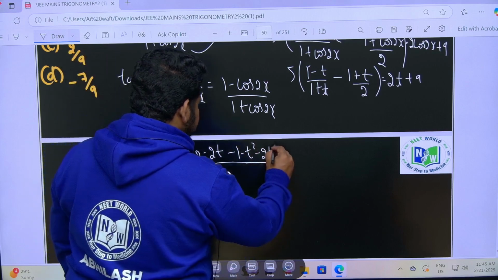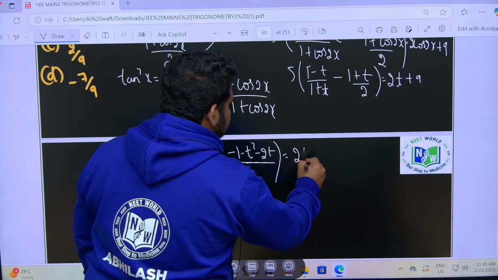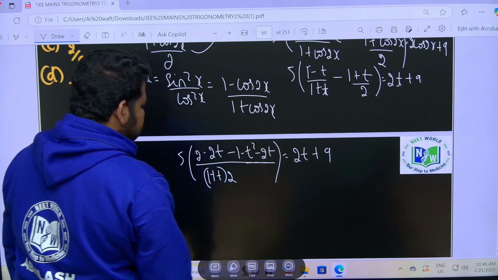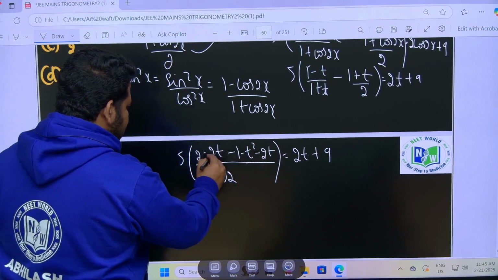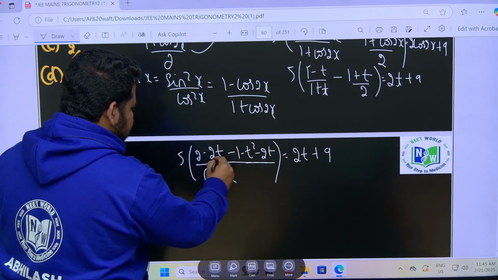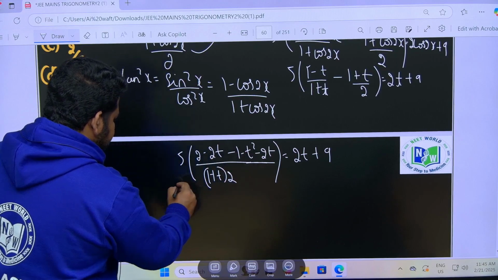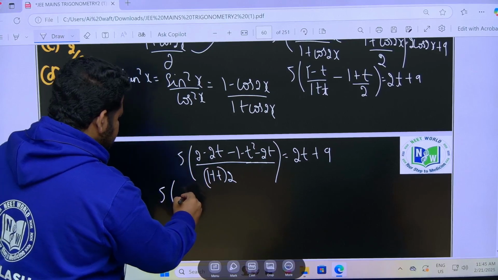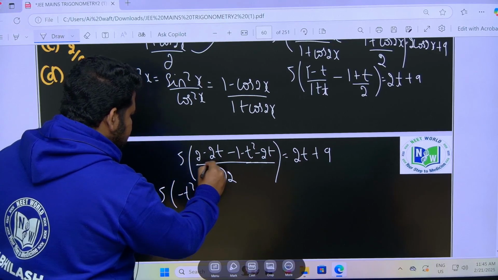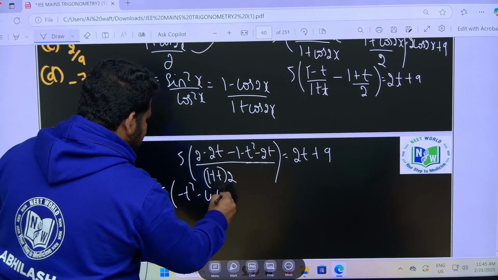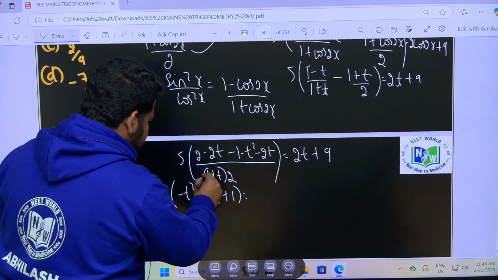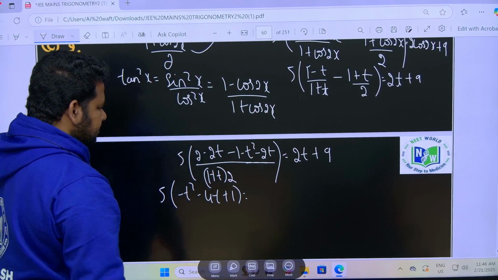Fine. So this will be equal to 2t plus 9. Now 2 minus 2 minus 2t minus 2t. So this will be equal to 5 into minus t square minus 2t minus 4t. 2 minus 1 is plus 1. This 2t plus 2 into 1 plus t is nothing but 2 plus 2t.